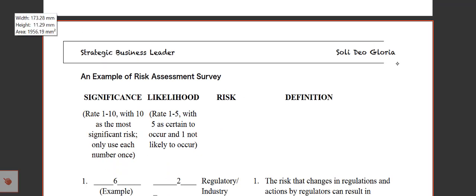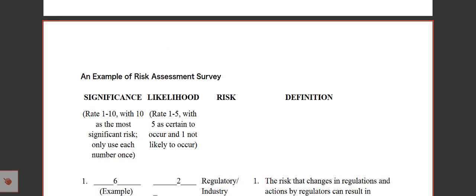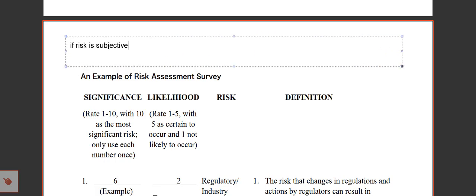Now, if you think that the risk is very subjective, okay, that's what we're saying. That if risk is subjective, all right, if risk is subjective, then how do we assess it?